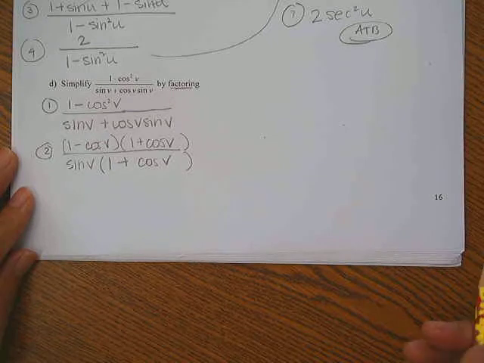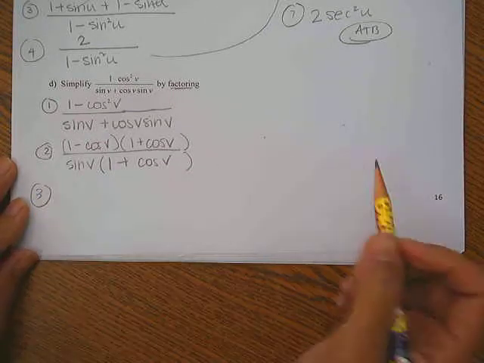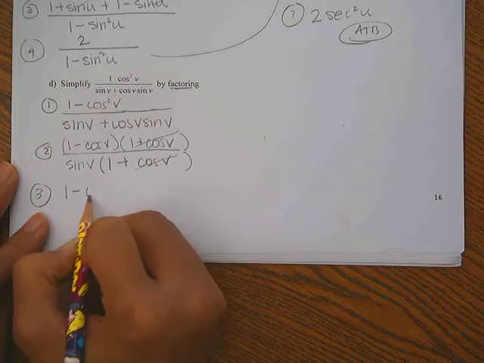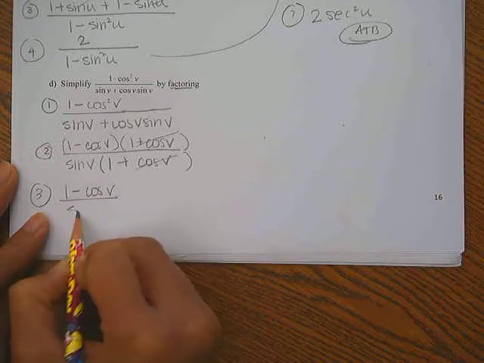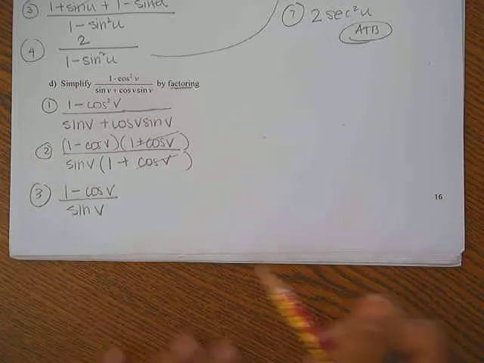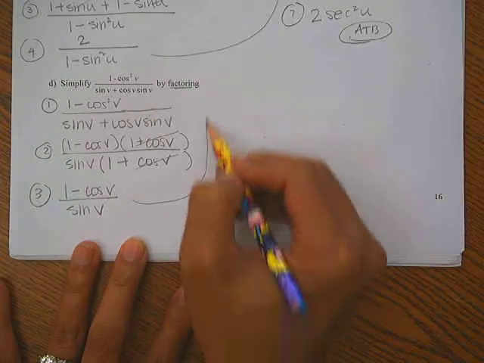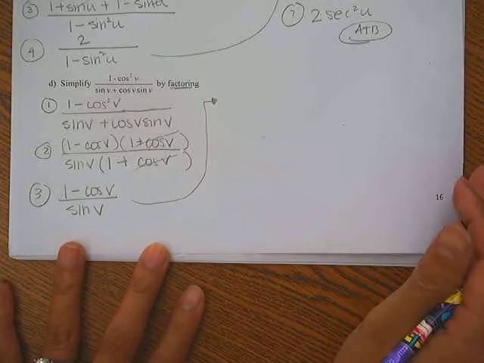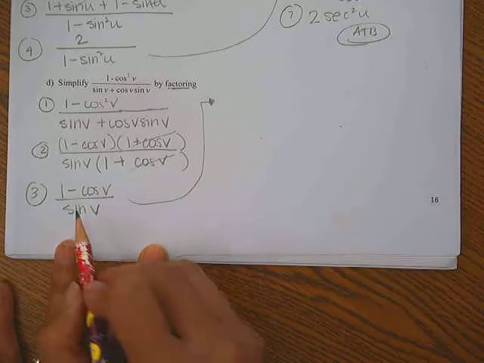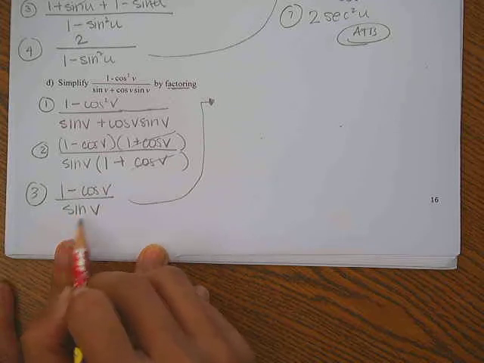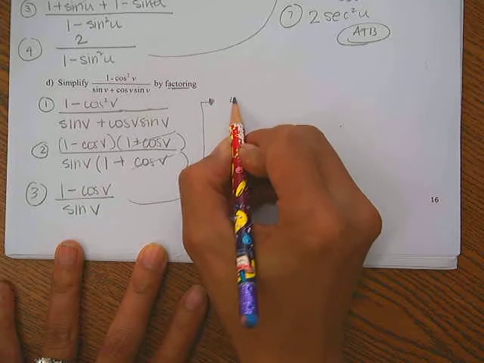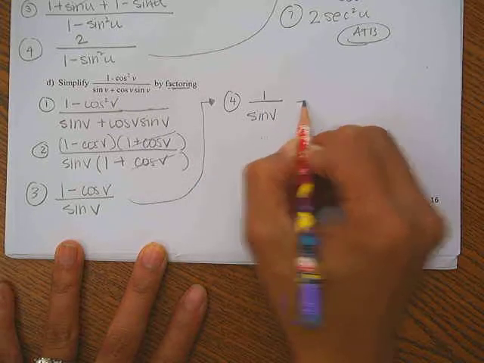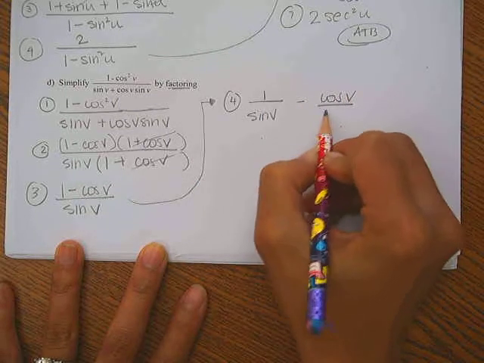Okay. And step 3, yes, you can totally reduce. Those two are reducible. So now I'm going to have 1 minus cosine of v all over sine of v. Alright, now this is still in a fraction format, which is not quite as cute, so we're going to rewrite it so we get into a non-fraction format. So this is all over one denominator, which I can go backwards and put it like this: 1 over sine of v minus cosine of v over sine of v.